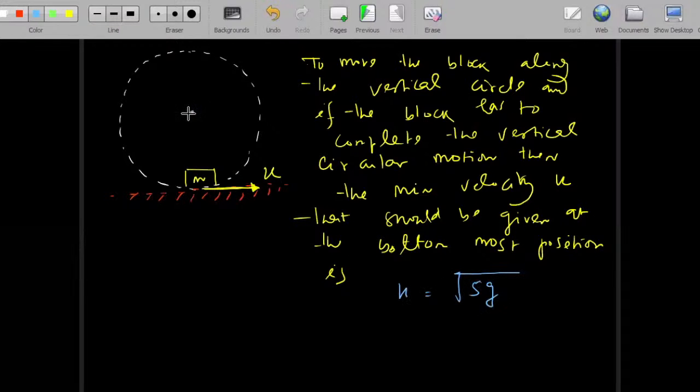Or if you take this radius to be r, we'll write root under 5gr. This is the interpretation. I hope Harshit you have understood.